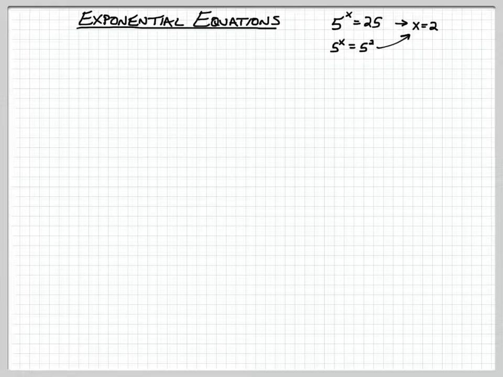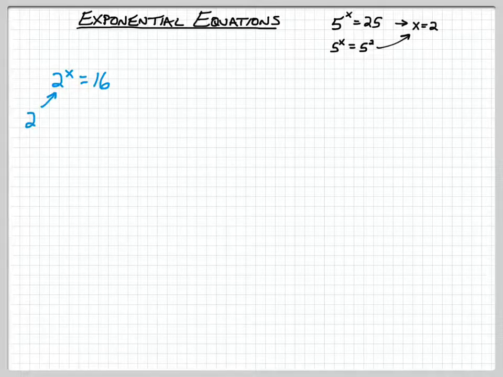Okay, so if you're not really comfortable with your exponential rules, you're going to want to go back and review those videos first. But let's start with 2 to the x equals 16. This is very similar to the other one. You might think 16, well that's 4 squared, but we need to get to the same base. We need to look at base 2 for both of these.